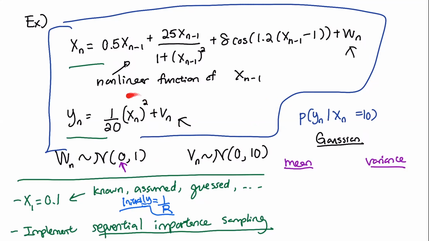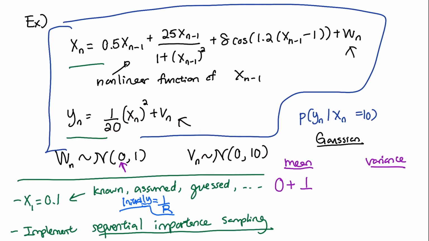We know it's Gaussian because when we look at the measurement equation, we have some number plus the measurement noise. So that's why the probability of y given xn is a Gaussian, because the measurement noise is Gaussian, right? So again, the mean of the measurement noise is 0 plus this term, which is dependent on what xn is. And in this case, we say xn equals 10.